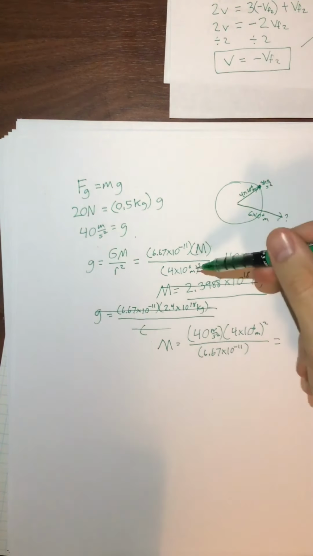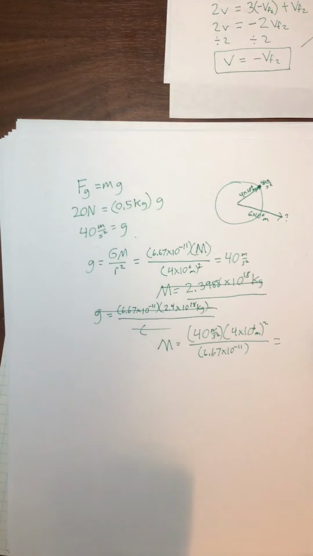Okay, so rearranging this to solve for big M, it looks like that. So now that I've got it all in front of me the way it should be, I should be able to calculate this.